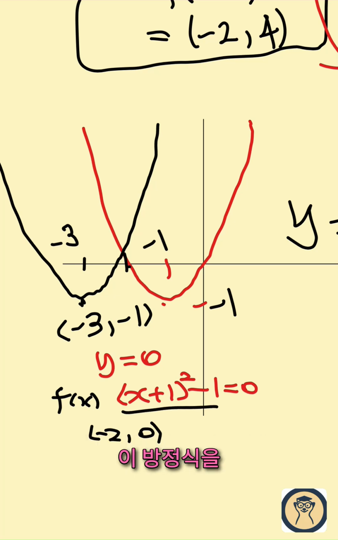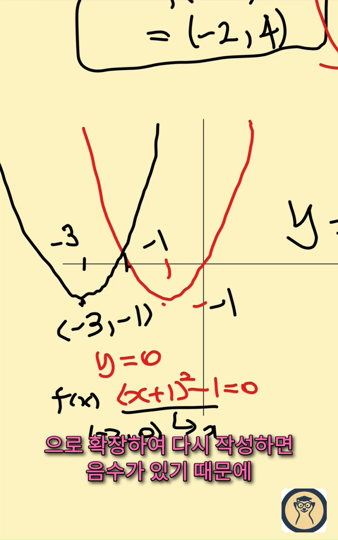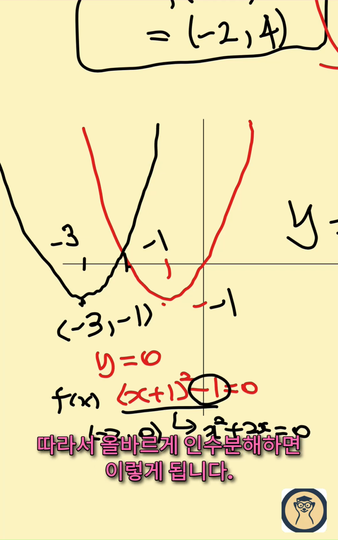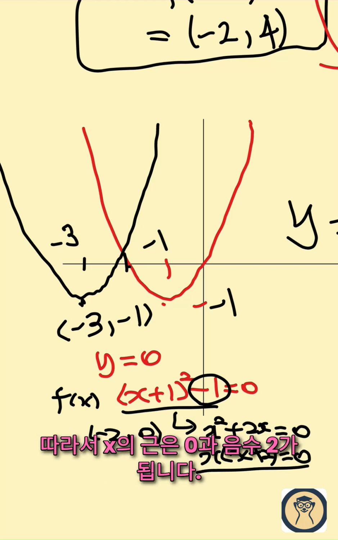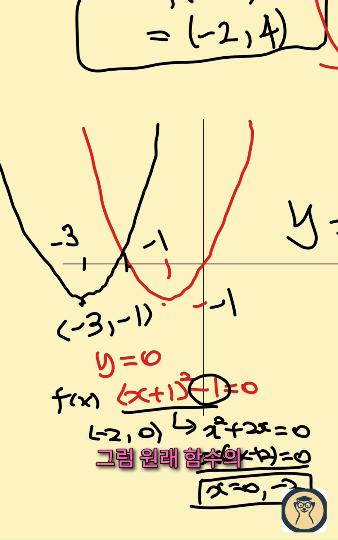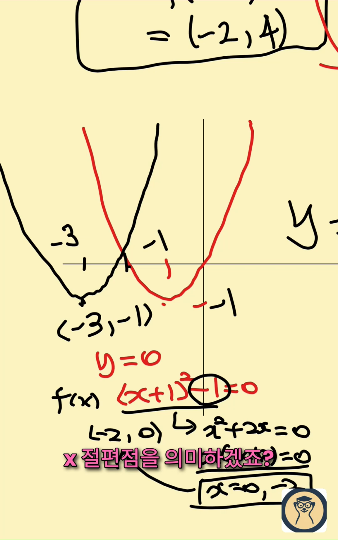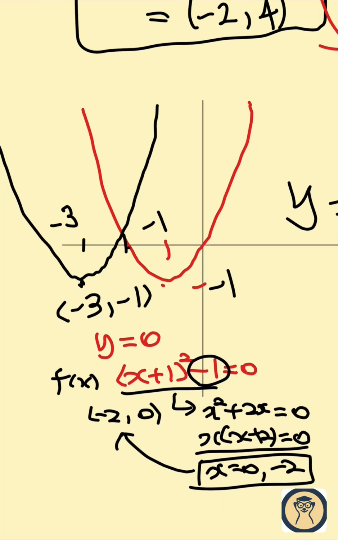If we rewrite this equation by expanding it, then this is going to be this, right? Because we have negative 1. So if we factorize it correctly, then we get this. So the roots of x are 0 and negative 2. The roots of the equation of the original function mean the x-intercepts of that function, right?